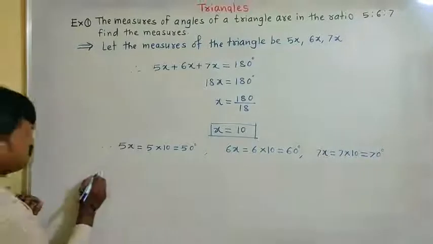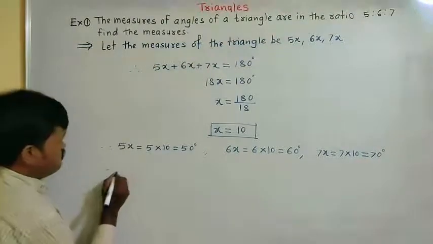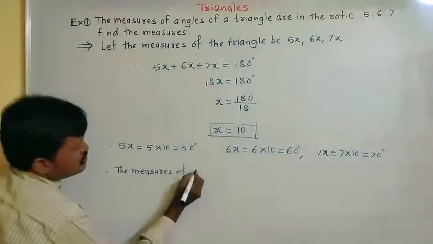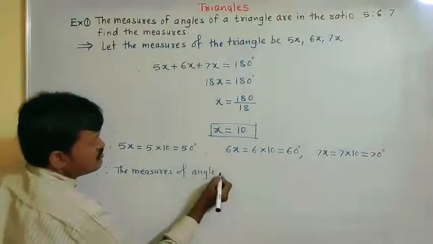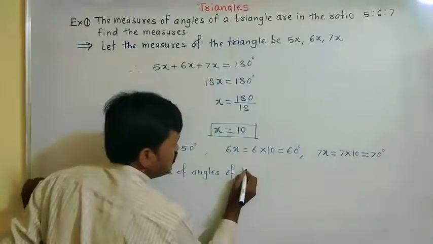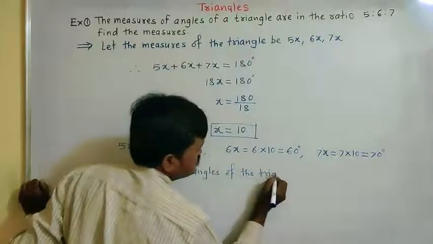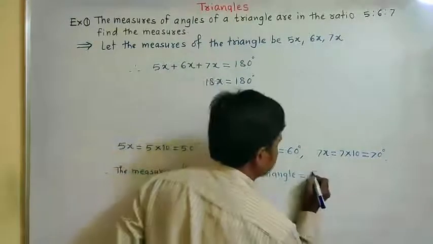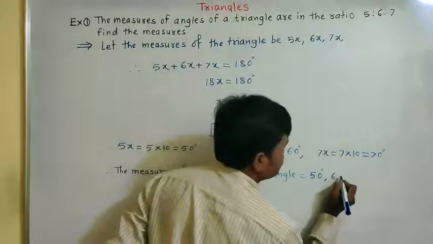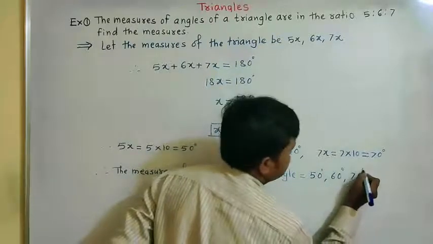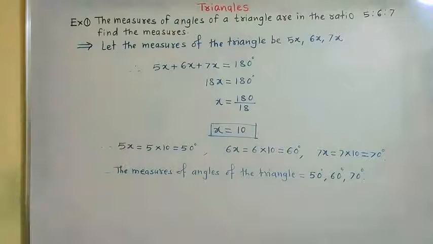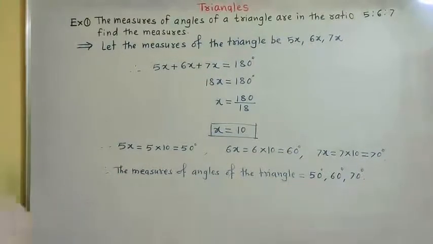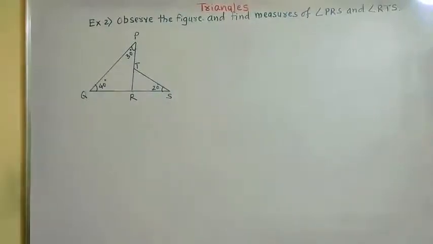Therefore, the measures of the angles of the triangle are 50 degrees, 60 degrees, and 70 degrees. As we saw one example, we see the next example, but before this you write all this. We see the second example.